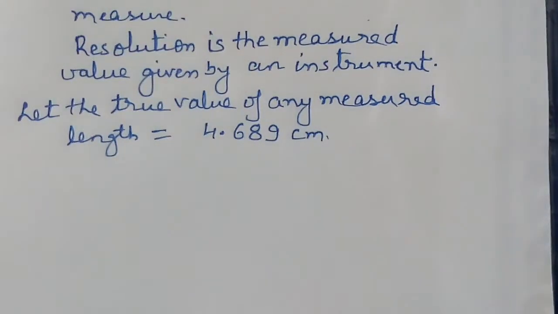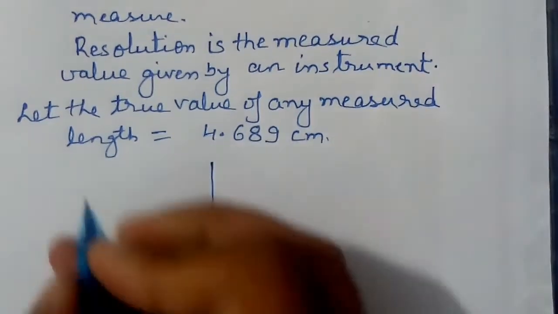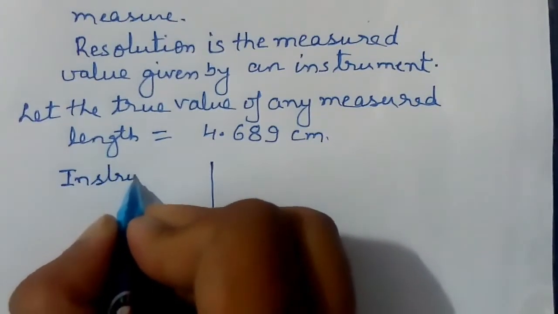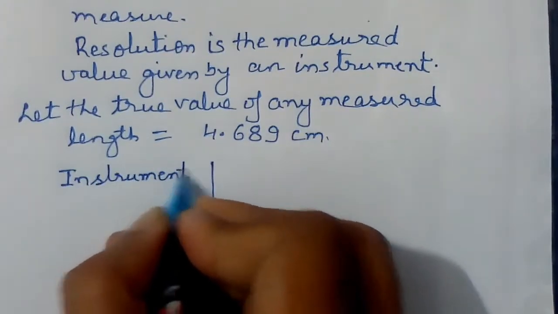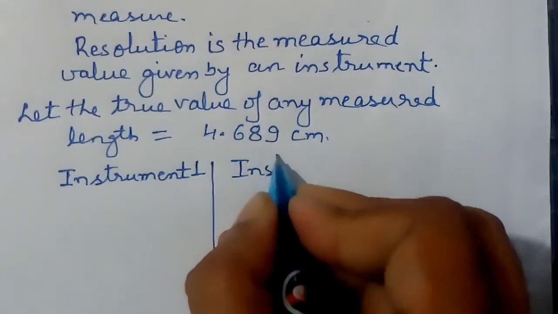It is the true value. And now we are using two different instruments to measure the same length. Okay, so we have two different instruments: instrument 1 and instrument 2.